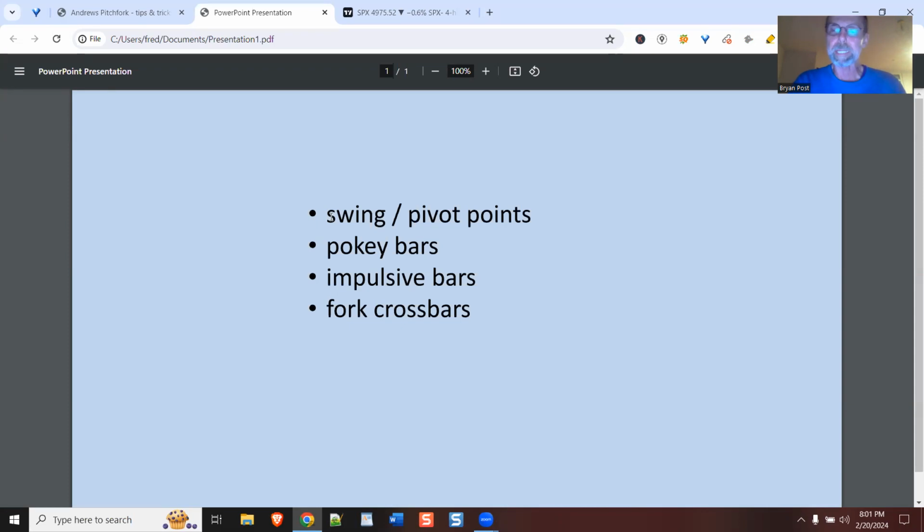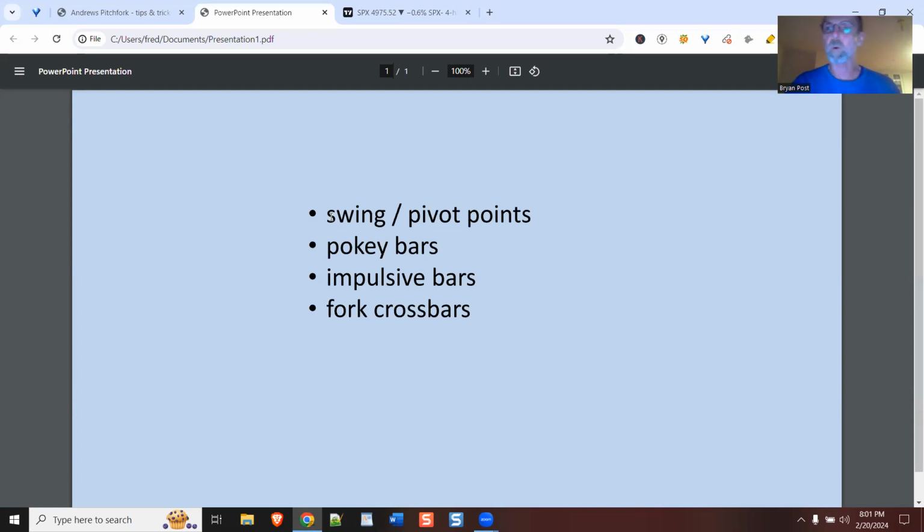Pokey bars again help identify the 3 turn points to use for a valid pitchfork. Impulsive bars, same thing, because quite often those pokey bars, almost by definition, a pokey bar is almost certainly going to be an impulsive bar as well.